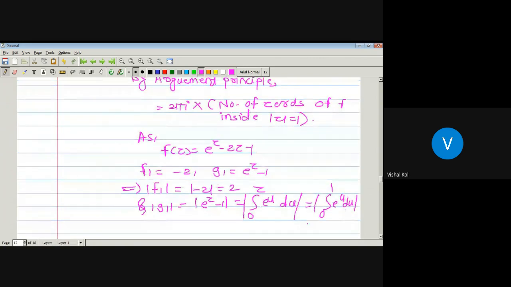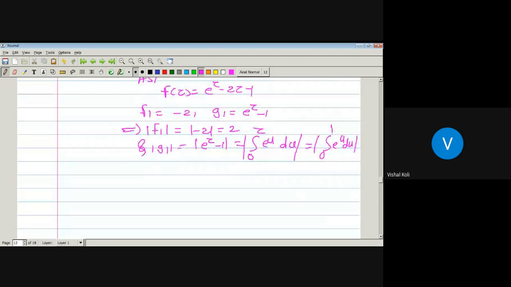So this will be nothing but e minus 1, and the value will be 2 point something minus 1. It is 1 point something, so it must be less than 2, which implies modulus of g1 is less than modulus of f1.